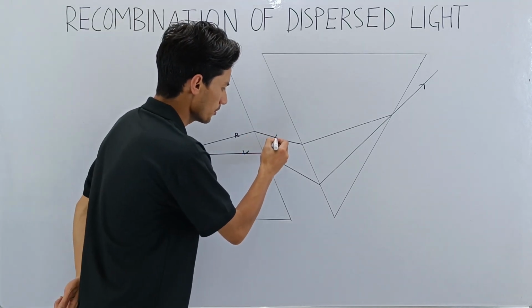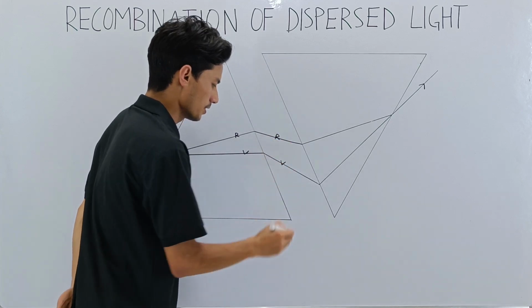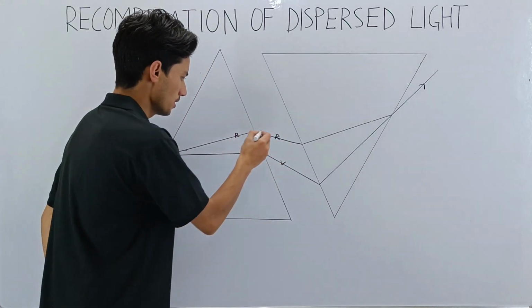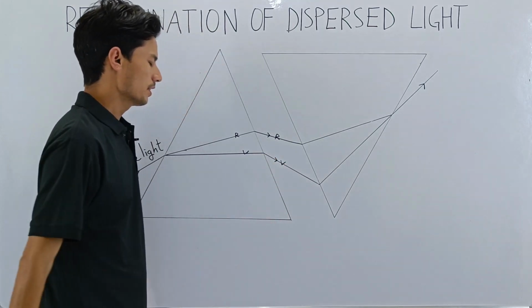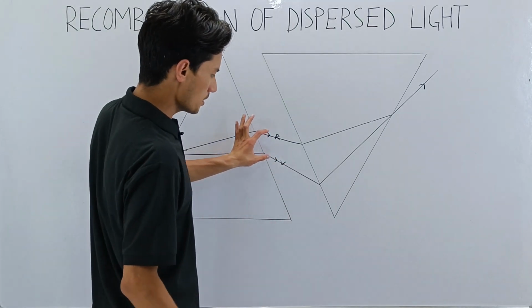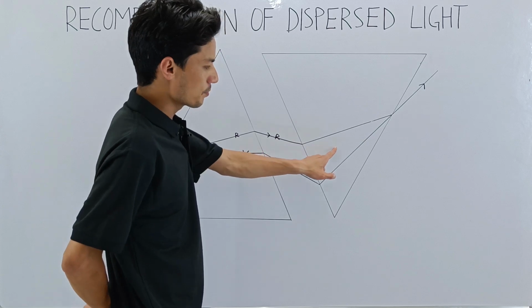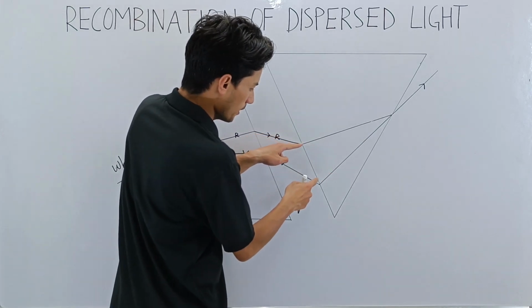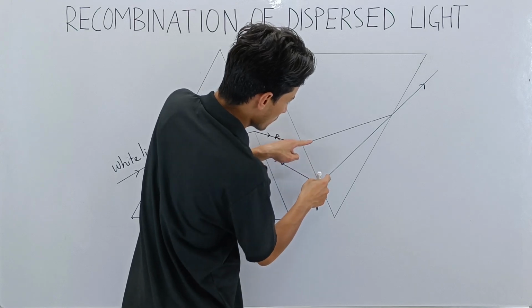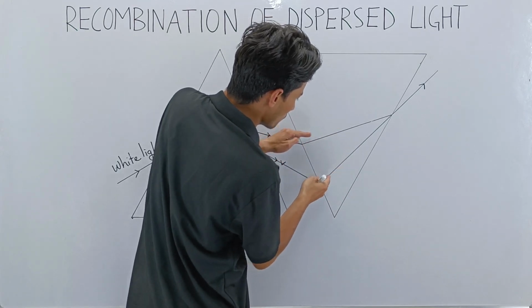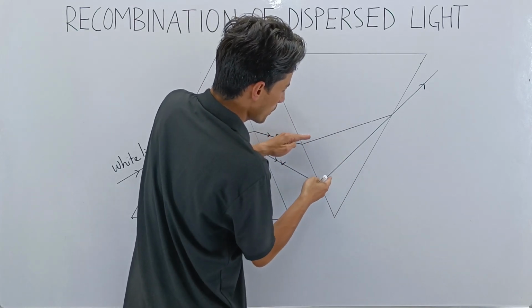So red emerges out, violet emerges out. Then this spectrum re-enters the second prism. On entering, what happened? Now they converge. Now they will recombine.